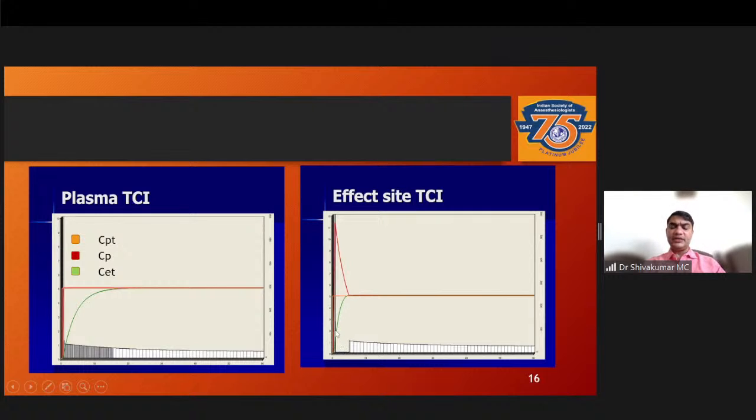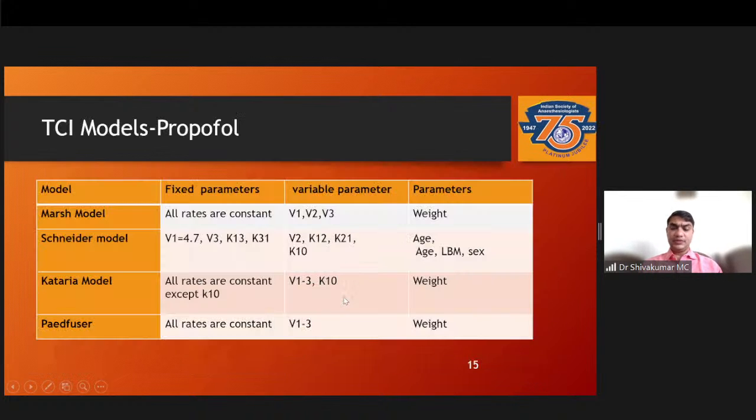So in effect site targeting, the time taken to reach the effect site will be much lesser, and it produces a faster effect, or the patient will be more unconscious, or it produces a faster decrease in the depth of anesthesia. But the amount of drug used in effect site targeting will be higher.